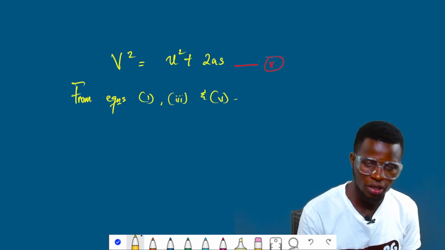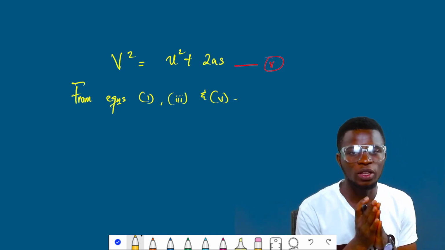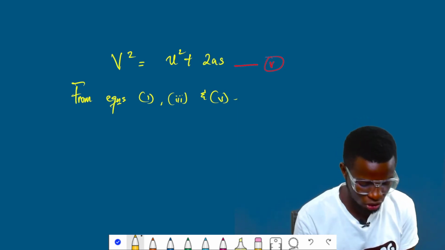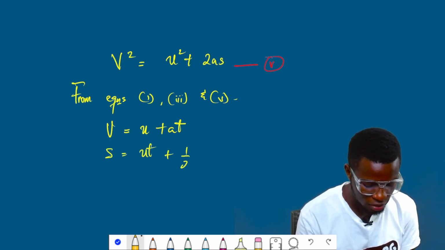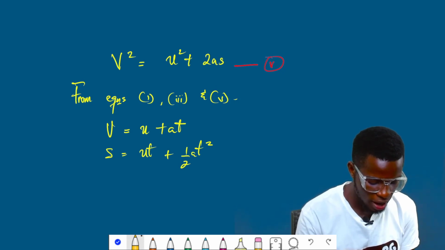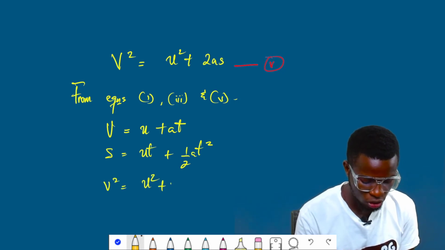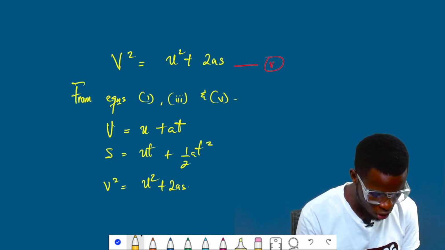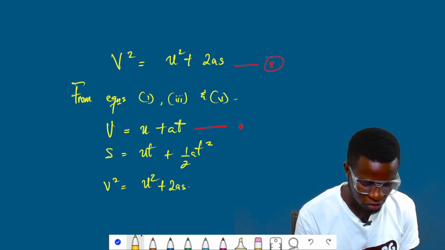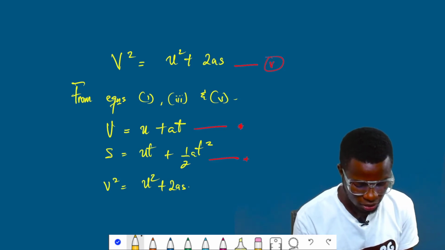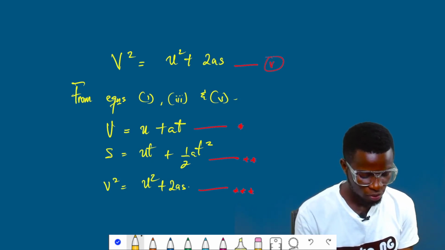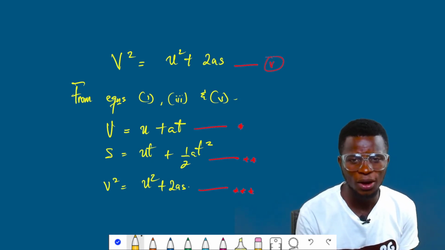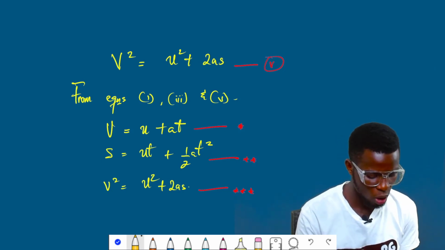We have the equations for uniformly accelerated motion: v equals u plus at, s equals ut plus half at squared, and v squared equals u squared plus 2as. We can call these the first, second, and third equations of motion. These are the basic equations of motion.